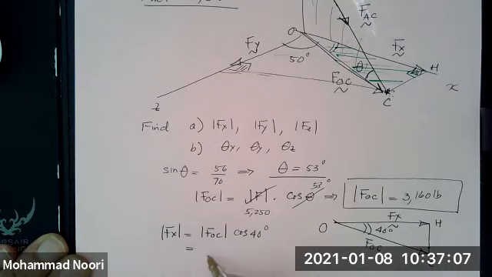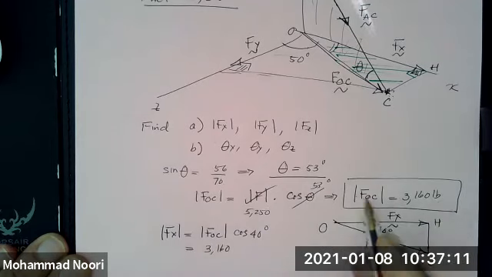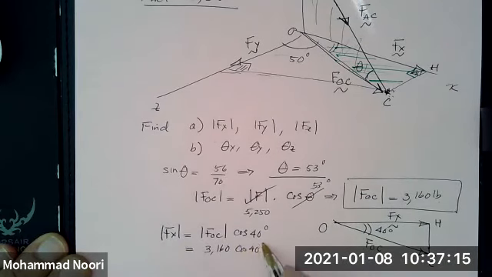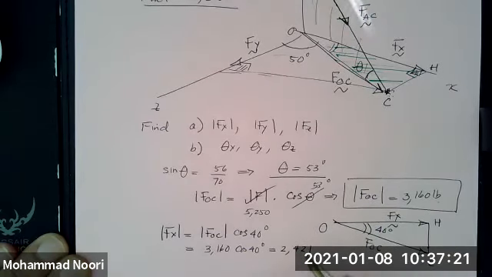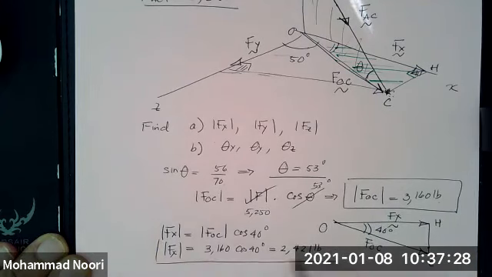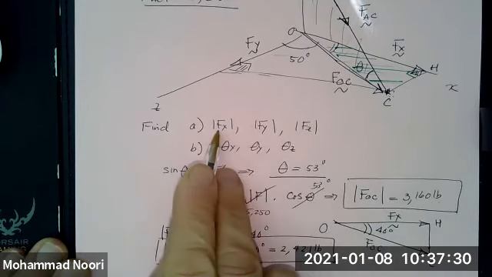Therefore, F of x is going to be 3,160, which is what we found for F of OC, times cosine of 40. So we will be able to find that, and that is 2,421 pounds. So we found the x component of the force.